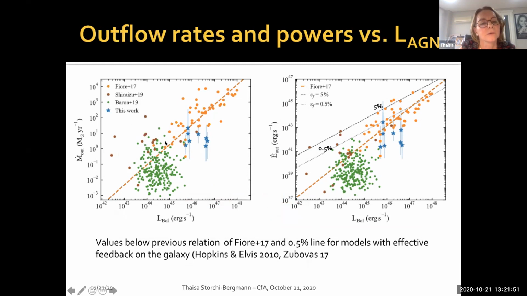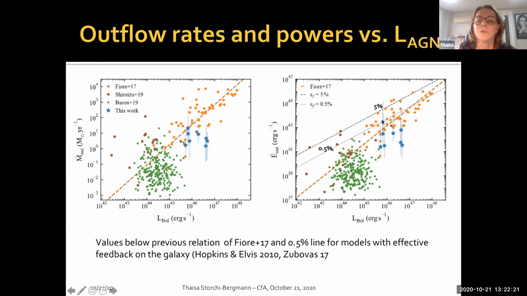Barron and Netzer got very low values down here. We got a little bit lower than the values first obtained by Fiori, who did this fit. And so here we are. And Bruno put here some reference lines in the power of the outflow, 5% or 0.5%, which is the limit that we are considering for the outflow to have an impact on the galaxy.